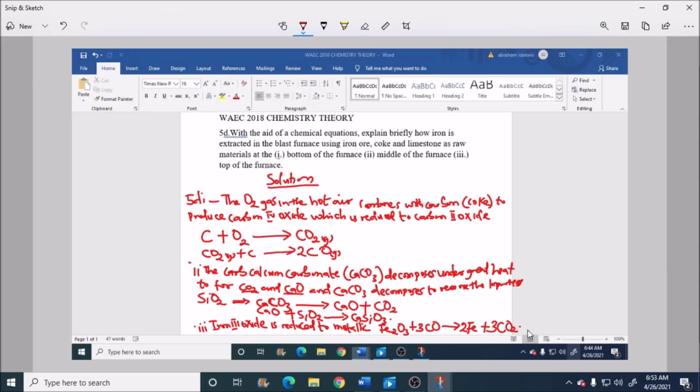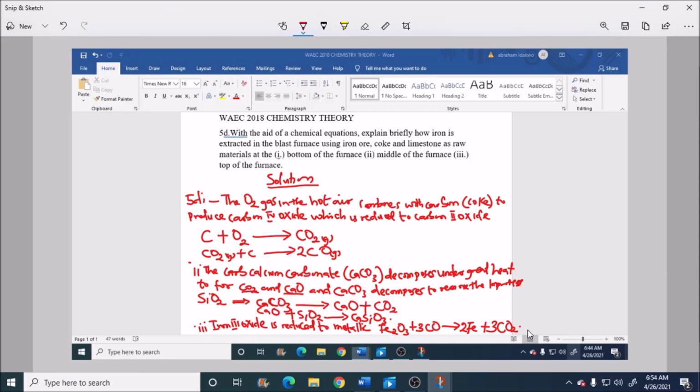Then we represented that one in the equation as we have calcium carbonate giving calcium oxide and CO2, that is carbon 4 oxide. Then we have calcium oxide reacting with silicon oxide to give CaSiO3. So that is what happened at the middle of the furnace.